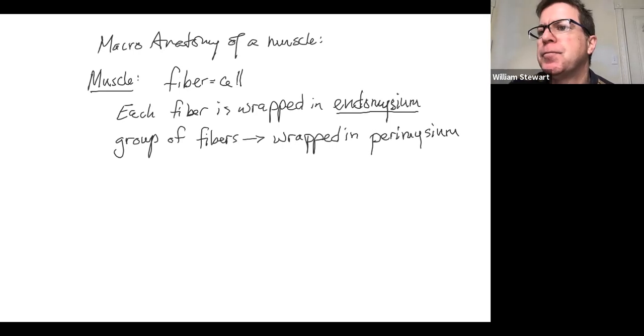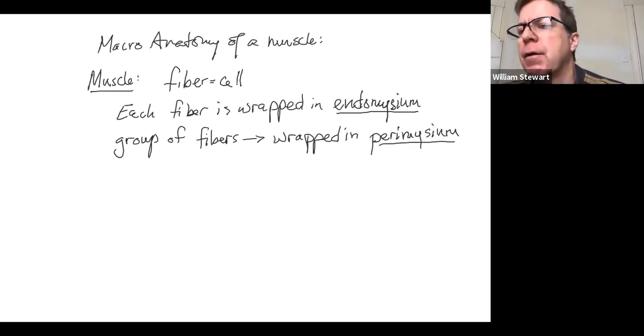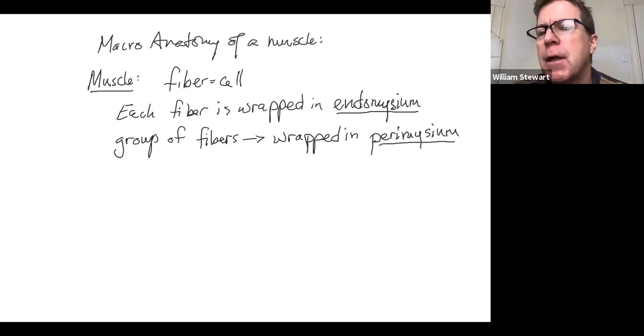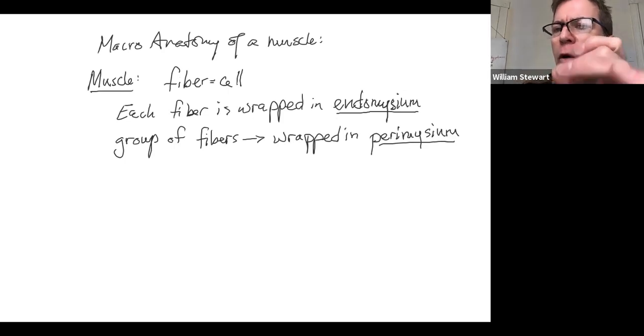Perimysium is a little bit thicker and coarser than endomysium, and it wraps a whole bunch or bundle of individual fibers. So individual fibers are wrapped in endomysium. A group of fibers then gets bundled together and wrapped in perimysium.